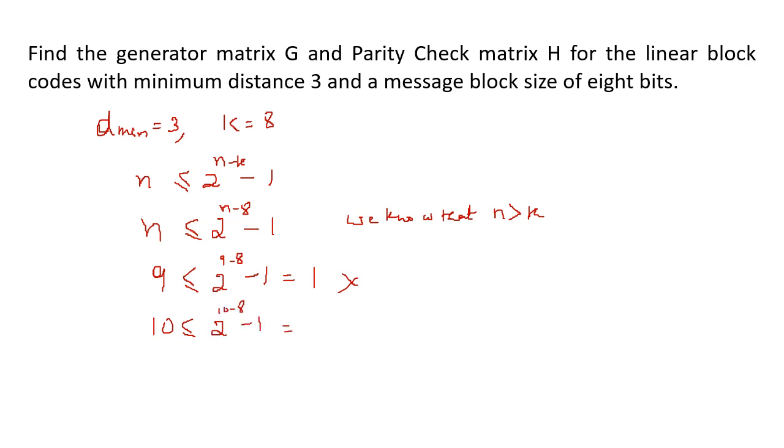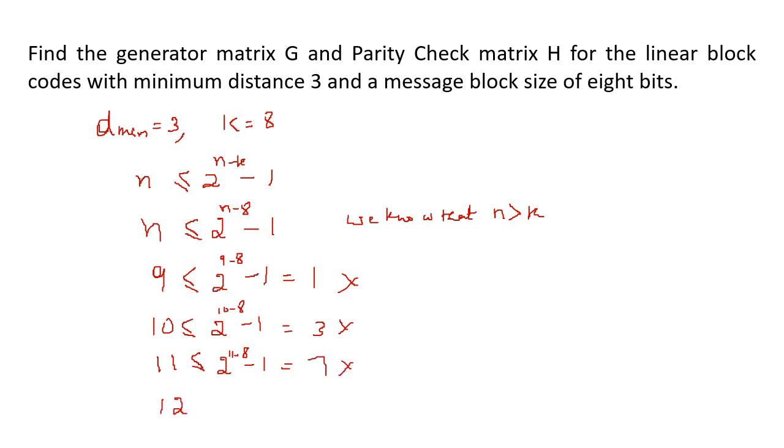So you are going to get this value as 2 to the power of 2 minus 1, 3, which is again not possible. Then we'll substitute n is equal to 11, should be less than or equal to 2 to the power of 11 minus 8, minus 1. So we are going to get 2 to the power of 3, that is 8 minus 1, so 7, which is not possible again.